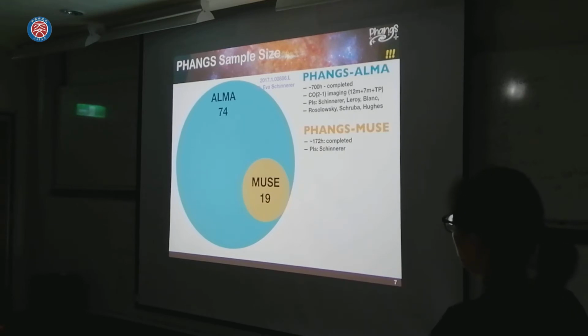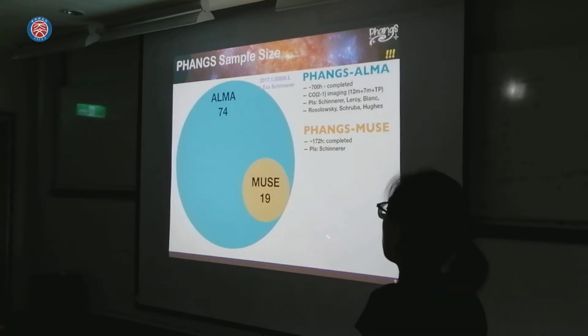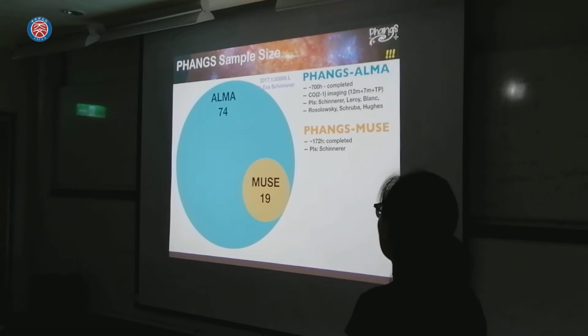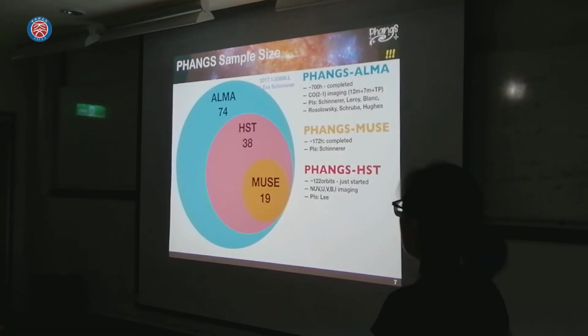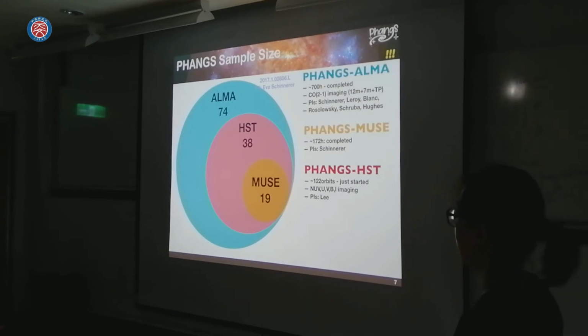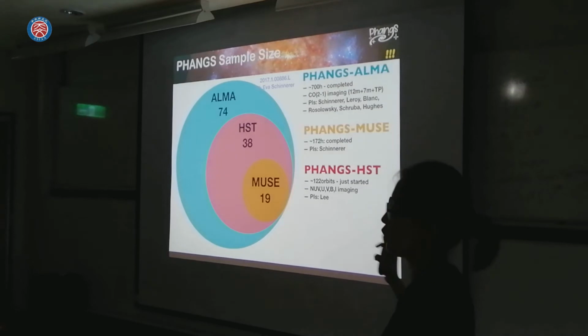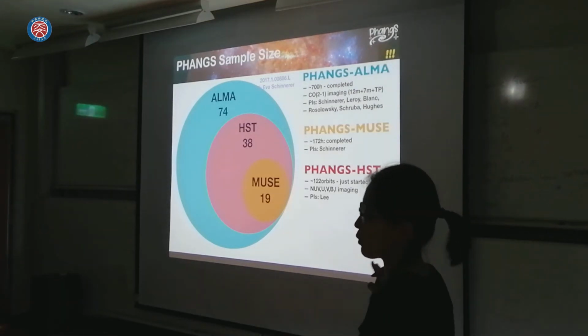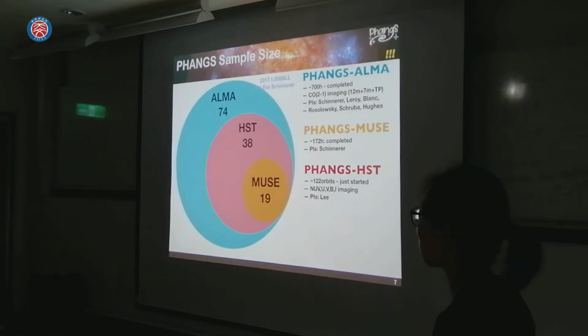And for PHANGS-MUSE, we have 19 galaxies. Both PHANGS-MUSE and PHANGS-ALMA are 100% completed, and the data reduction is almost complete. PHANGS-HST observes 38 galaxies. So now you can see half of the ALMA sample do not have corresponding observations in star formation tracers.